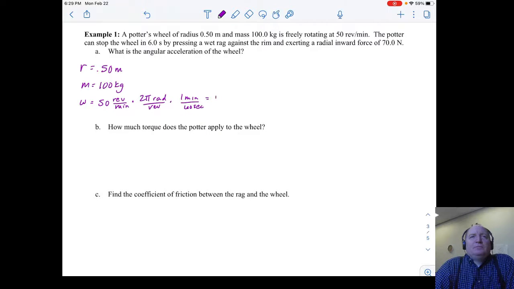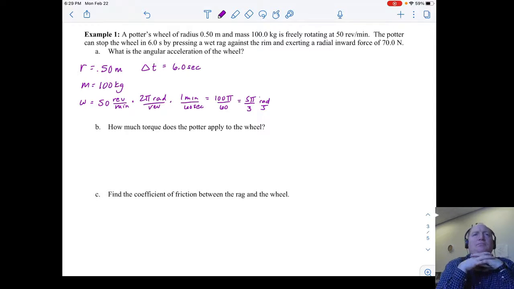It'd be 100 pi over 60, or 5 pi over 3 radians per second. The potter can stop the wheel in 6 seconds by pressing a wet rag against the rim. So we've got a change in time, 6 seconds, and exerting a radial inward force of 70 newtons. What is the angular acceleration of the wheel?